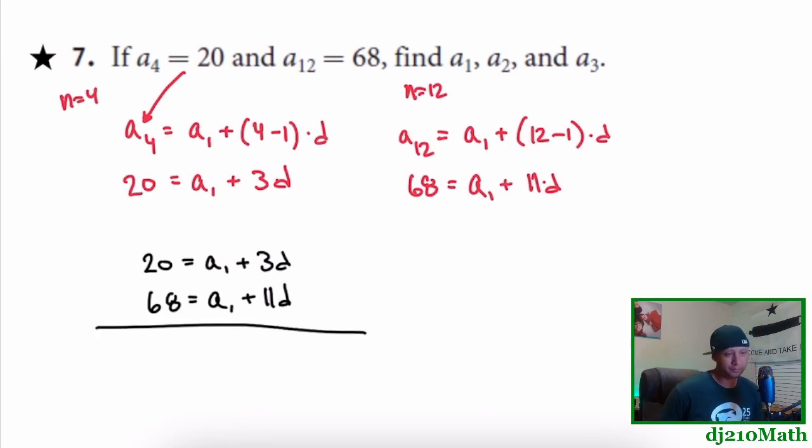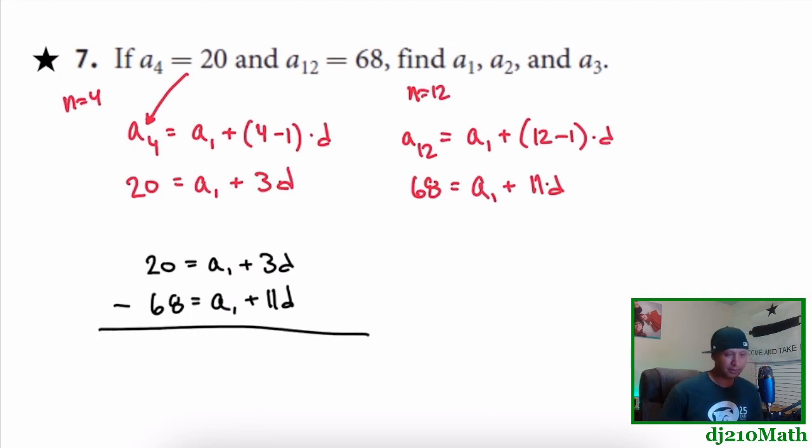So what I want to do is subtract these. Why do I want to subtract these? Because then the a sub 1s will cancel. So this is a way of doing it. Essentially what's happening right now is that we have a system of equations.